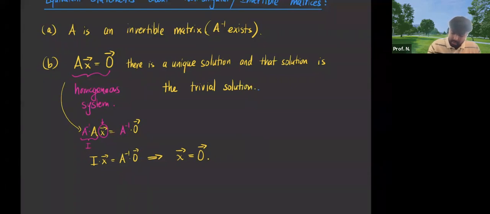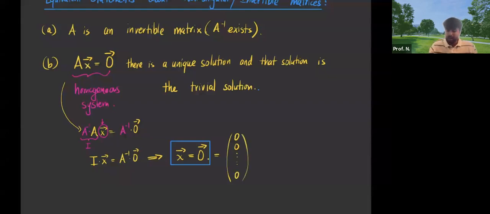It's the n×1 vector that has zeros in every entry. It's the 0 vector. The 0 vector is known as the trivial solution in a homogeneous system.